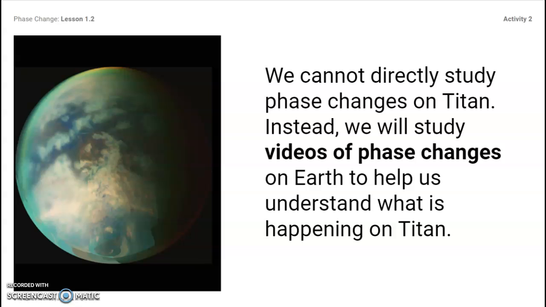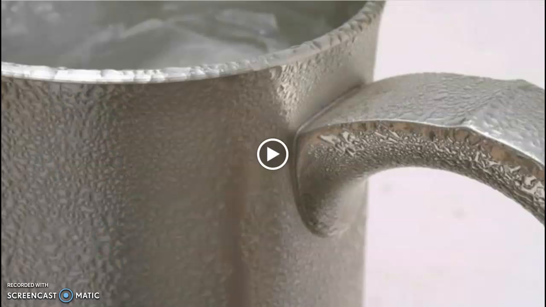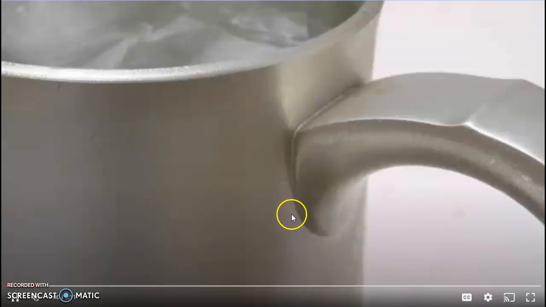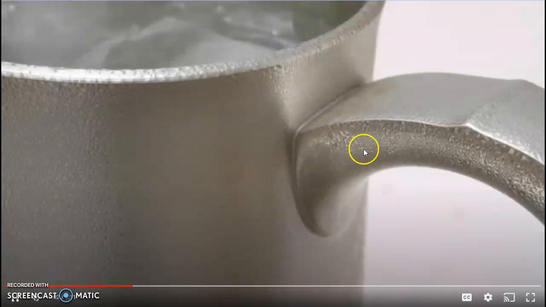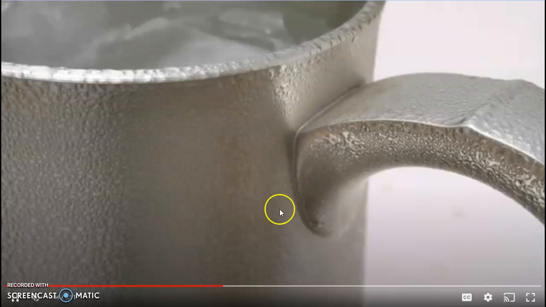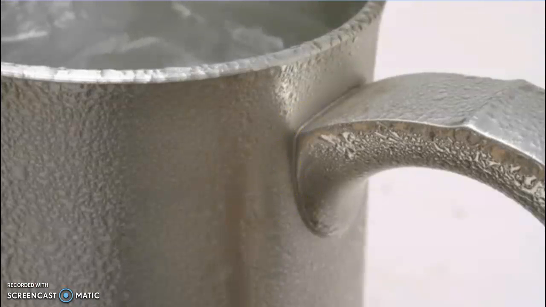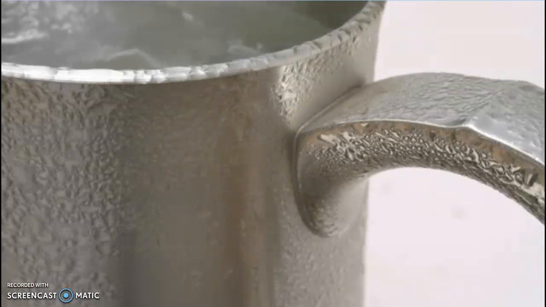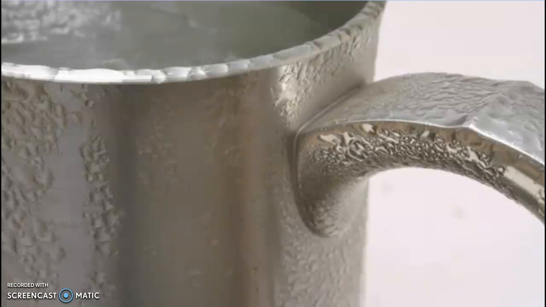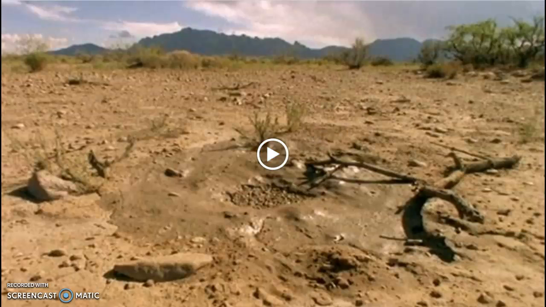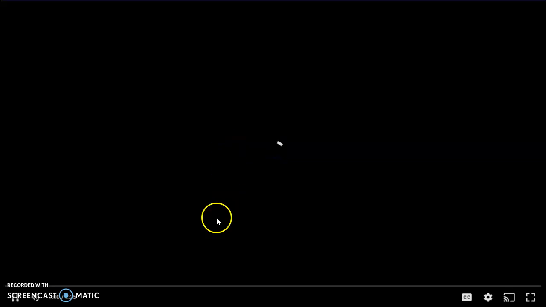I'm going to play those videos here. If you need to rewatch them, feel free to, but I'm going to go ahead and show you those phase change videos. Make sure you notice what's happening on the cup here. Okay, here's the next one.